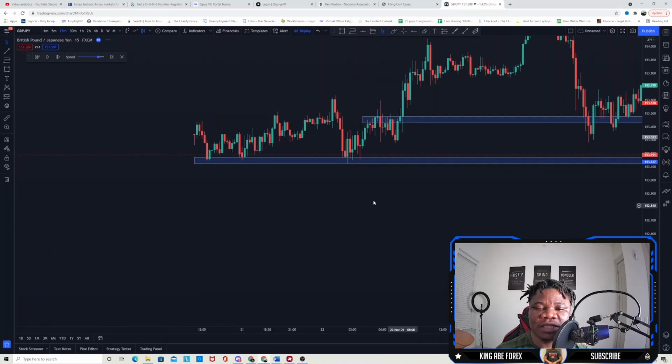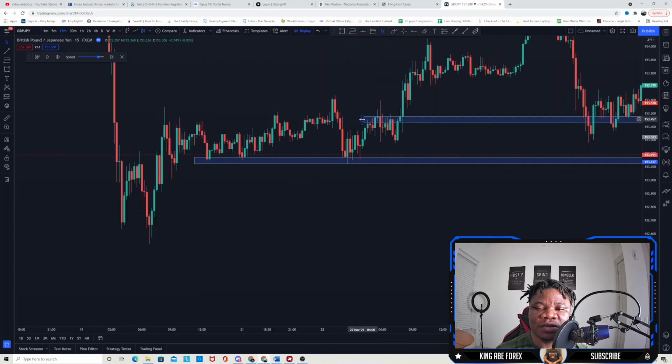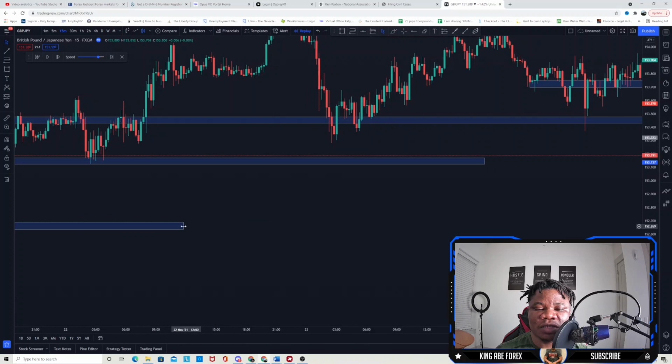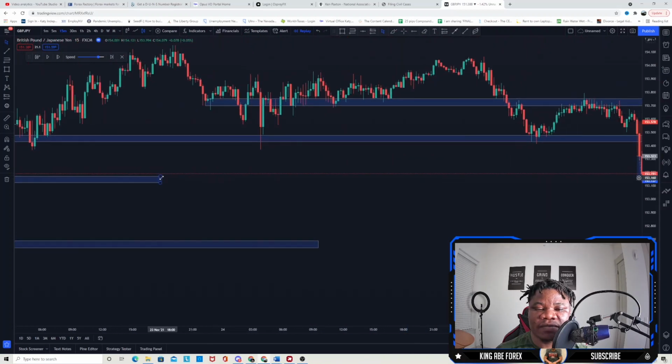If we need more take profit, all we have to do is look for the next most recent low that was previously created, and we have a previous low over here. We're doing all this on the 15-minute time frame.